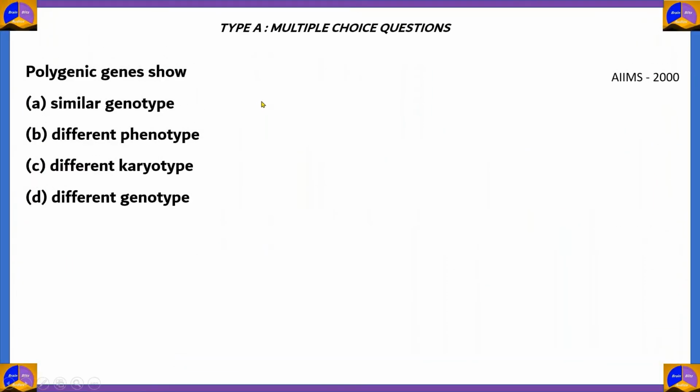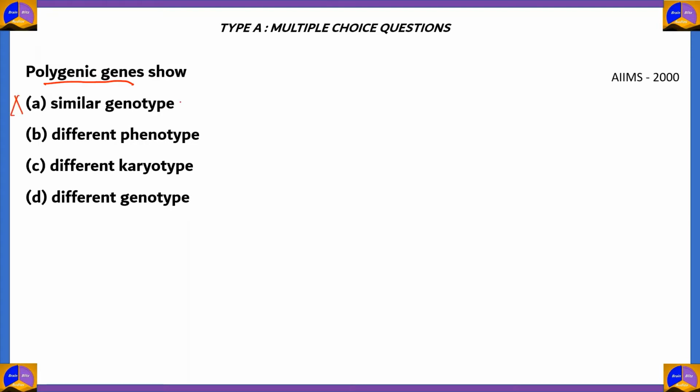Now, to our next question. Polygenic genes show A, similar genotype, B, different phenotype, C, different karyotype, and D, different genotype. Let's look at each of our options. Option A, similar genotype.